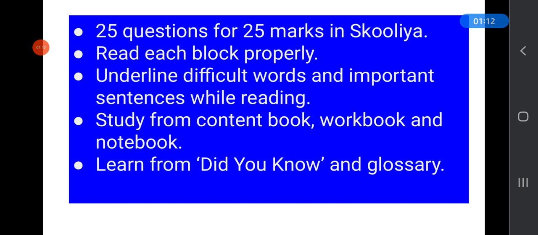You need to study from your workbook and notebook too, and also learn from Did You Know and glossary, because questions can be given from Did You Know and glossary too, and from workbook and your notebook. So read everything from your content book, workbook and notebook.